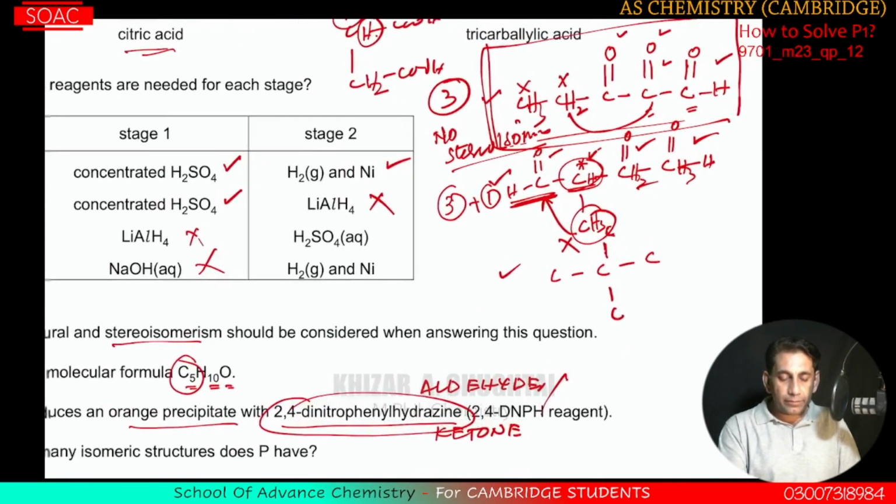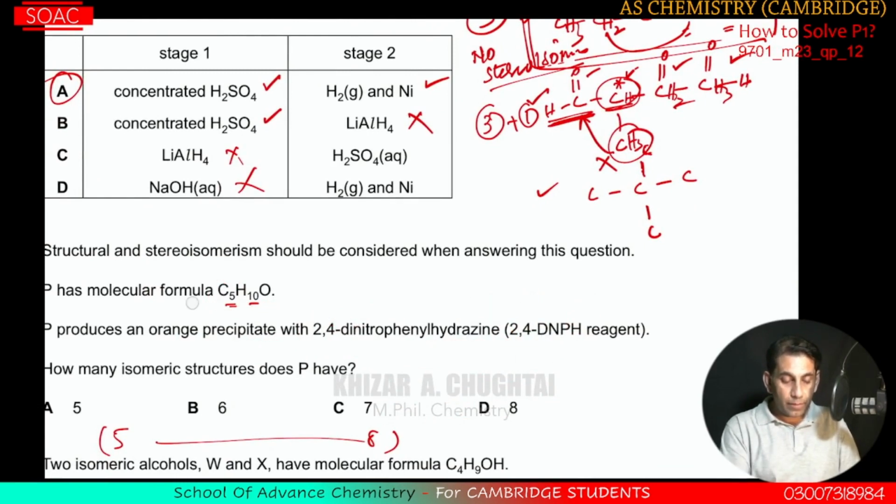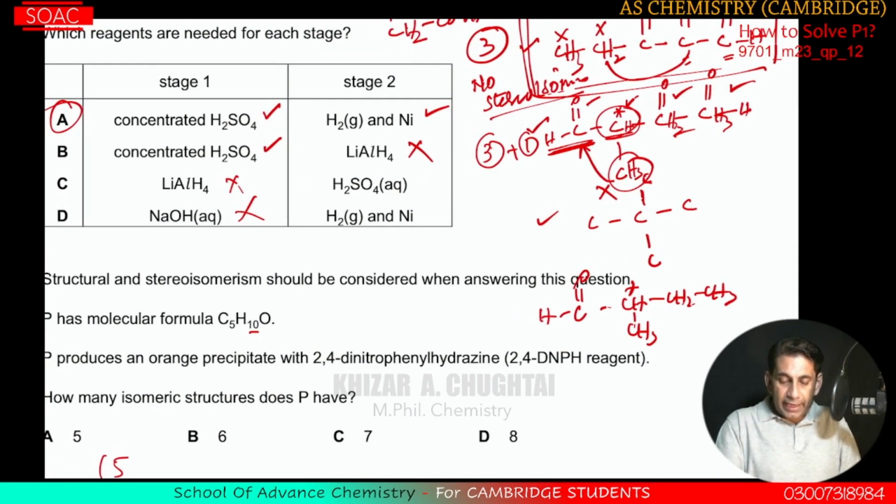If I'm having this aldehyde, so this aldehyde is having 1 chiral center. But if I'm having another aldehyde, this one, CH3, and here is CH, there is no chiral center.